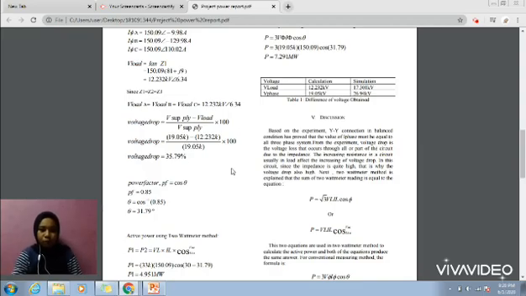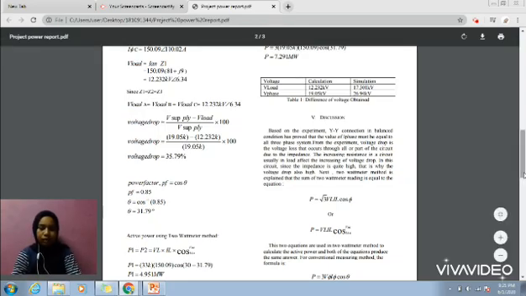And for voltage drop, it is the voltage loss that occurs through all of the circuit due to the impedance. So if we have a larger load, it means the resistance will increase.